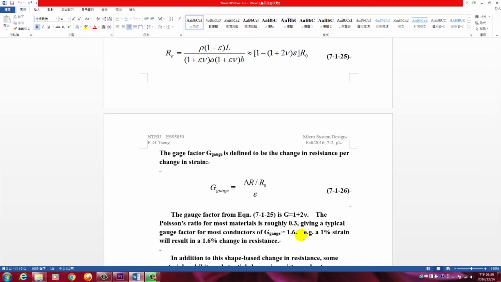That means if you have a 1% strain change, you also get like 1.6% resistance change. Not very high. Let me say it again. If you get a 1.6, the physical meaning is if you have a 1% strain, you get only a 1.6% resistance change at the same time.